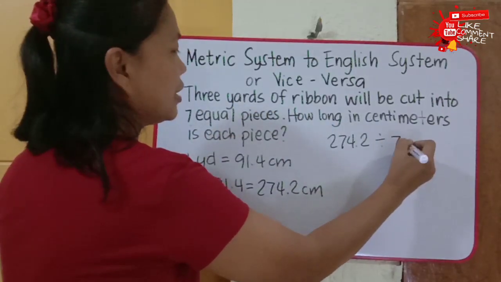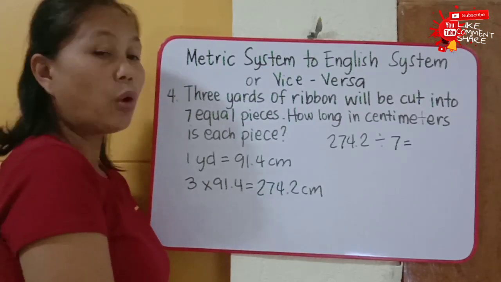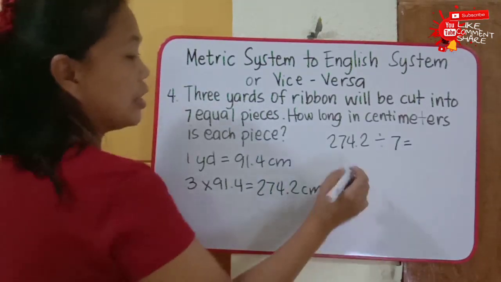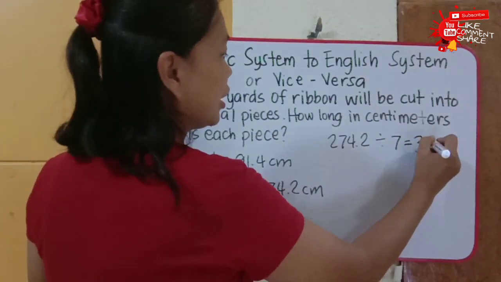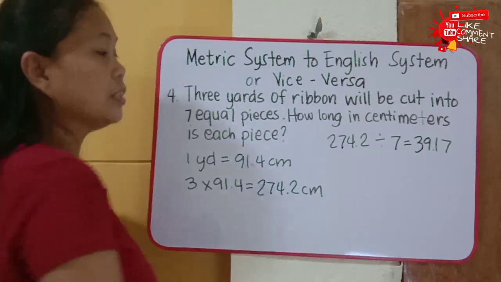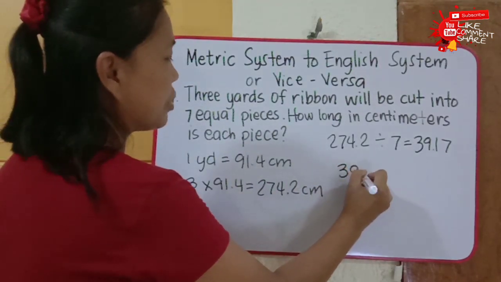So what is 274.2 divided by 7? We have here equal to 39.17.